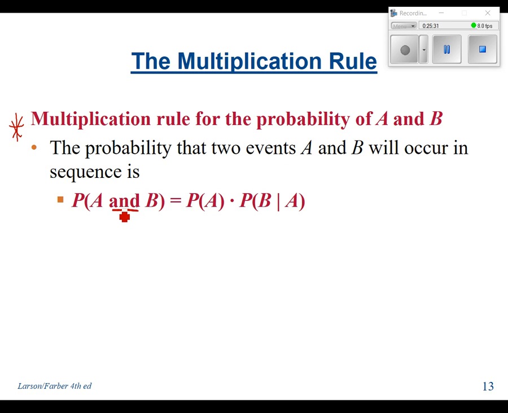So you want the probability that A and B occur. It's the probability the two events will occur in sequence. What's sequence mean? One after the other. So apparently you're doing two or more things, not just one.